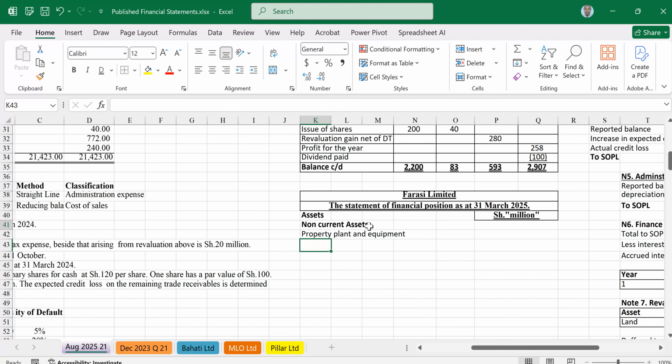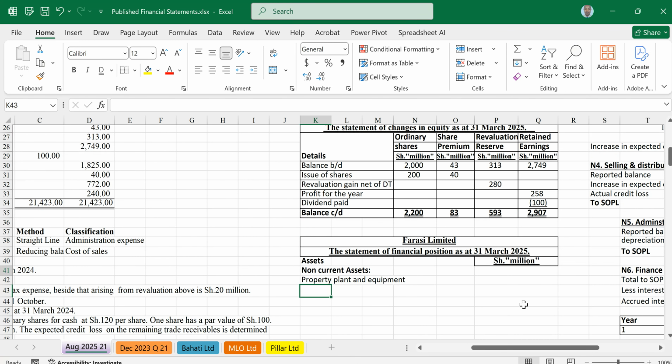So we need a working for property, plant, and equipment.